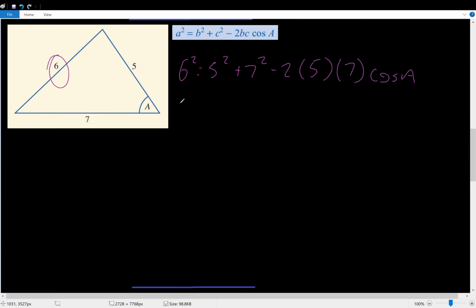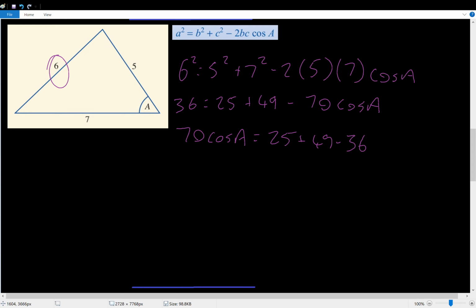Now we're going to work it out. So we're going to have 36 is equal to 25 plus 49 minus 70 cos A. And now we're going to do a little bit of rearranging in order to solve this. We bring our 70 cos A over and our 36 to the other side. So we're going to have 70 cos A is equal to 25 plus 49 minus 36, which means that 70 cos A is equal to 38.